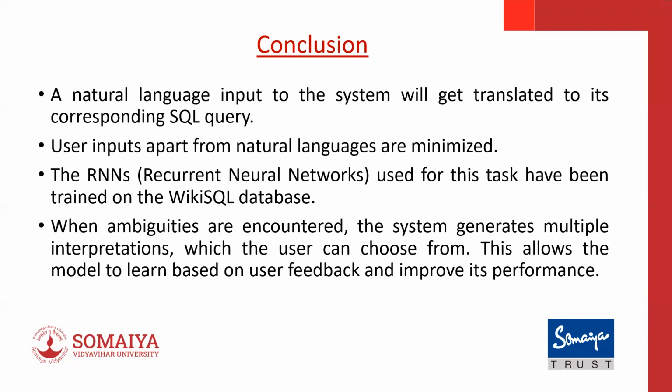If you enter special characters and stuff, that is not considered because it can confuse the neural network. And one more key thing is that when there are any ambiguities encountered, the system would give you multiple interpretations of that, so the user can choose the correct one. That will help the recurrent neural network learn more because of the user feedback.